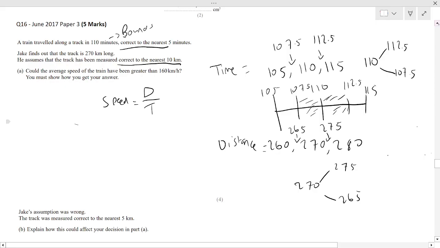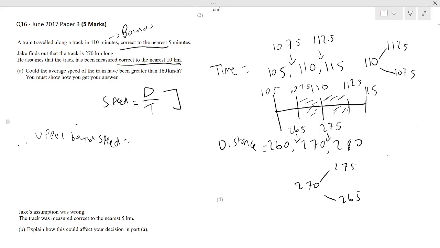Okay, so now our speed is given by this. We need the maximum speed, right? And obviously if the maximum speed is still less than this, then the speed as a whole cannot be above this. So our upper bound speed. Well, we want the maximum value of this fraction.